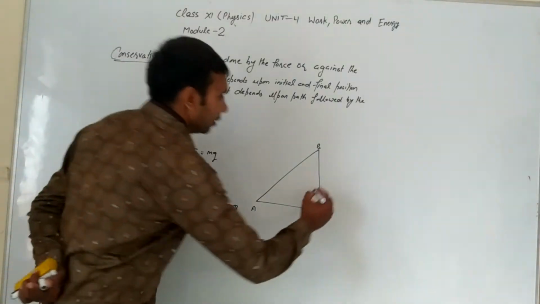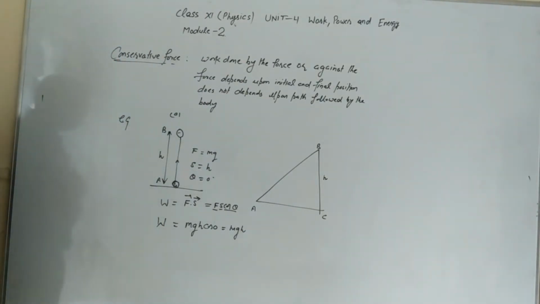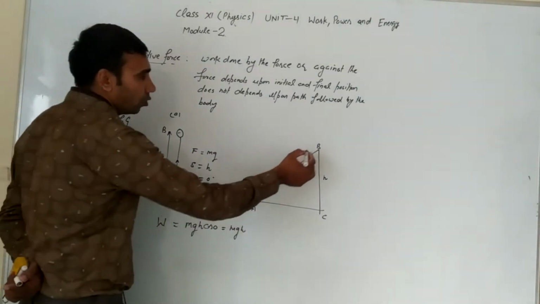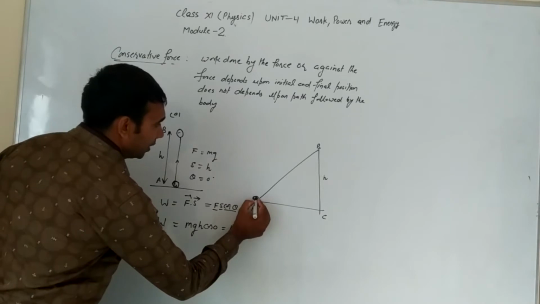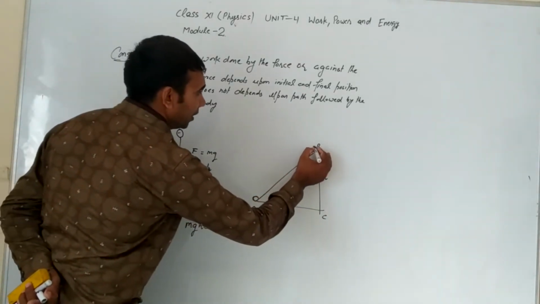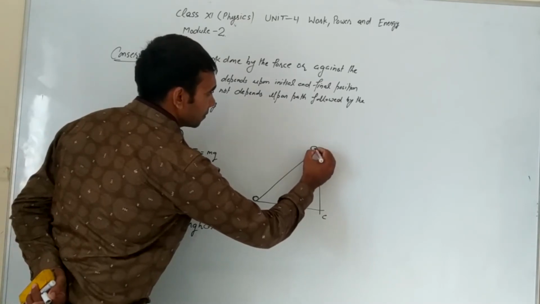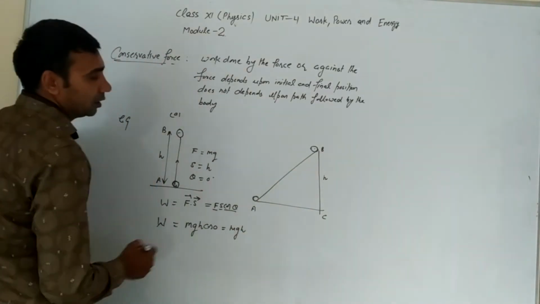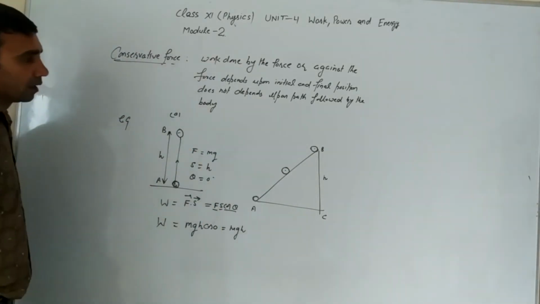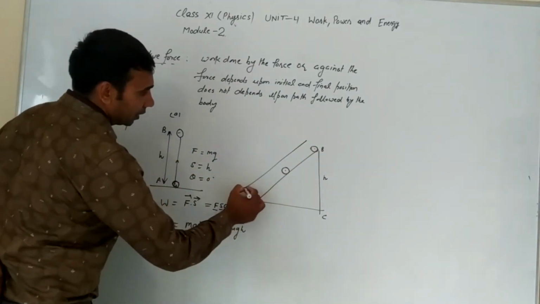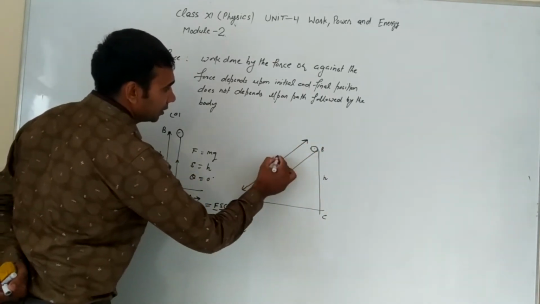BC is equal to x. So work done to move the body from point A to B. This is the body at point A. This is the body at point B. This is the body at an intermediate point. And this displacement is S.